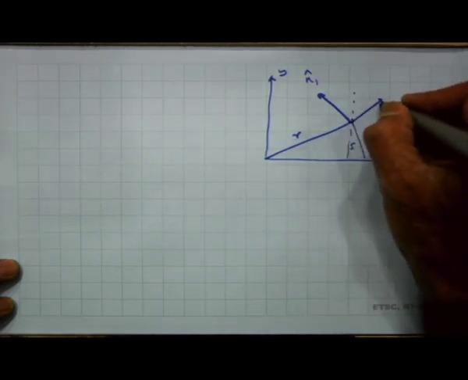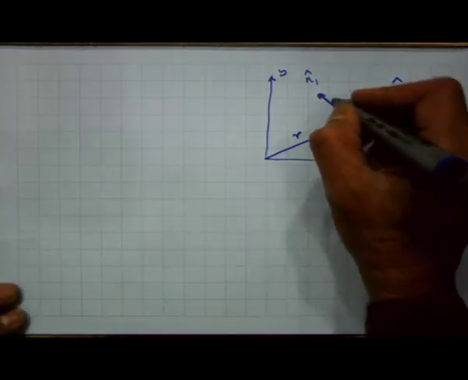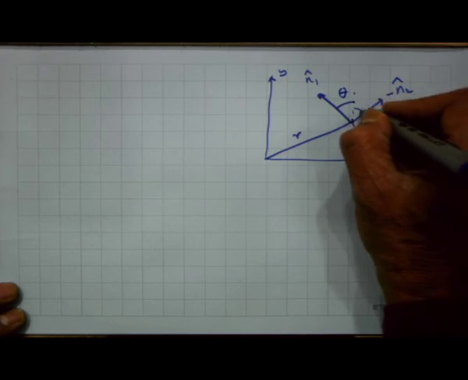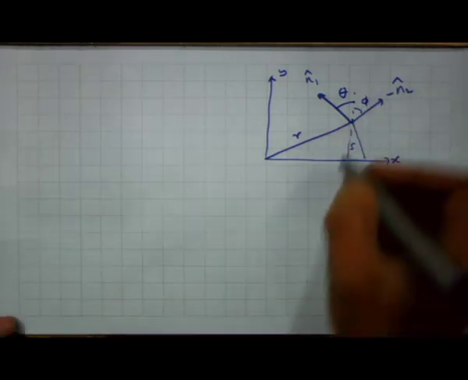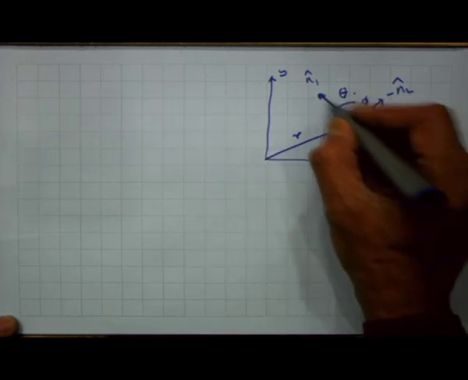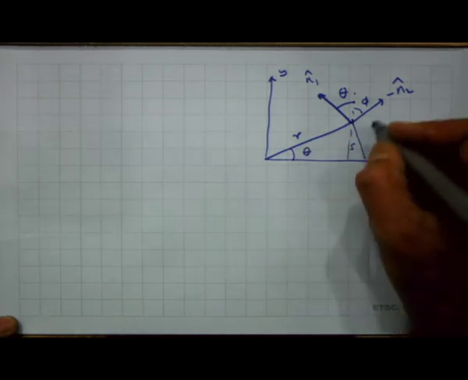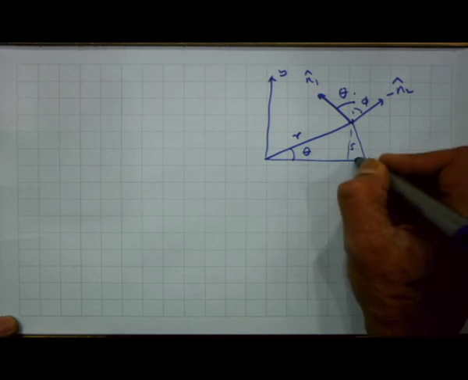So, let me draw minus N 2 cap, and I call this angle theta and this angle phi. This line is perpendicular to this line, and this line is perpendicular to this line. So, this angle is also theta; this line is perpendicular to this line, this is the normal, and this line is perpendicular to this line. So, this is phi.